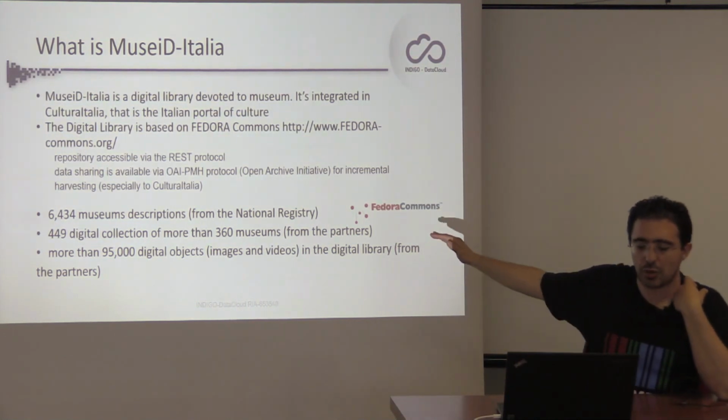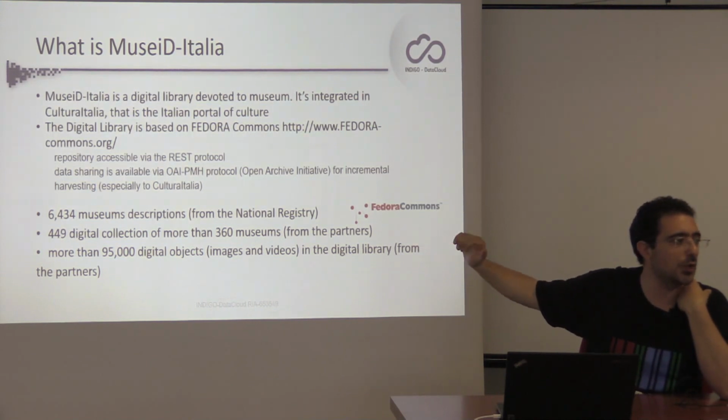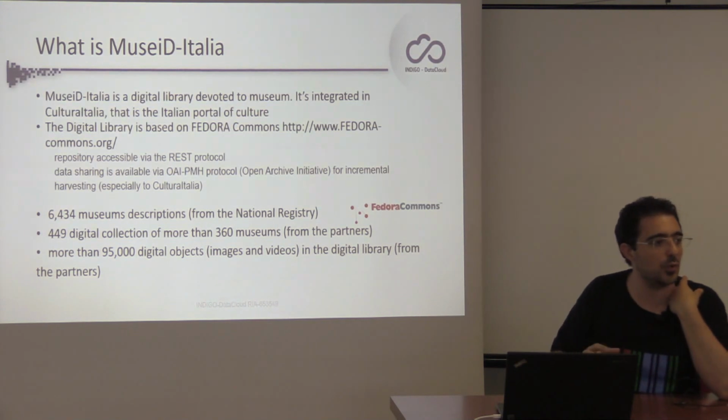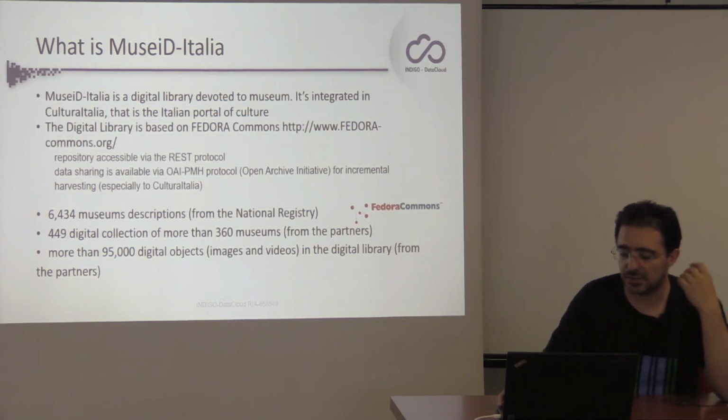The description of the museums comes from the National Registry, called Luoghi della Cultura, Places of Culture, a ministry-sanctioned list of archaeological parks, museums, and all the other interesting cultural heritage sites in Italy.